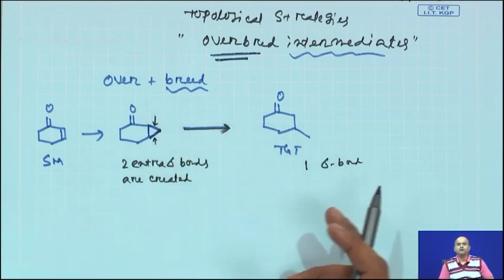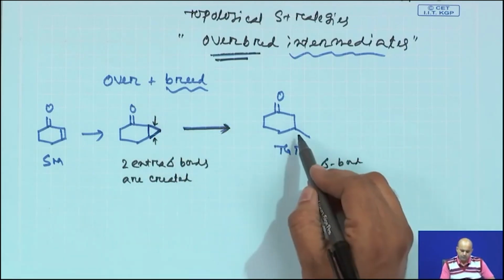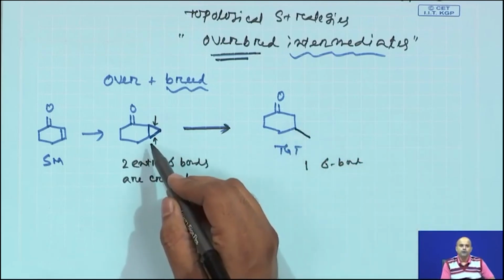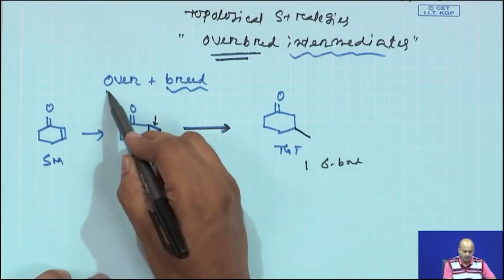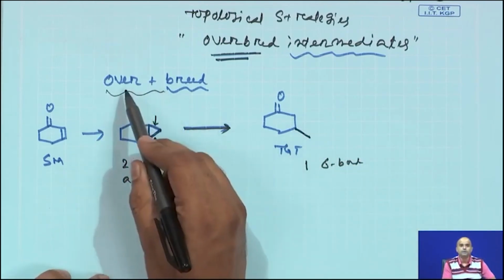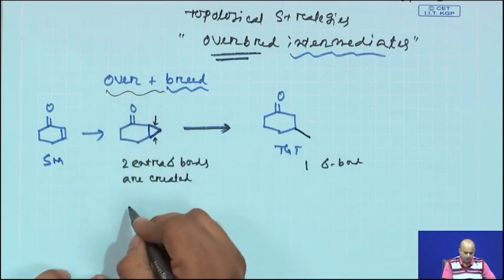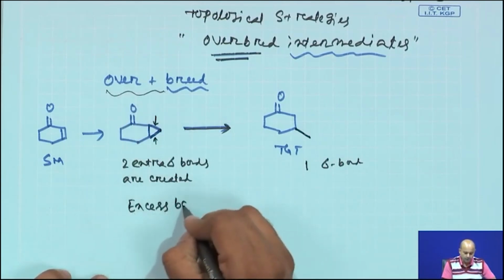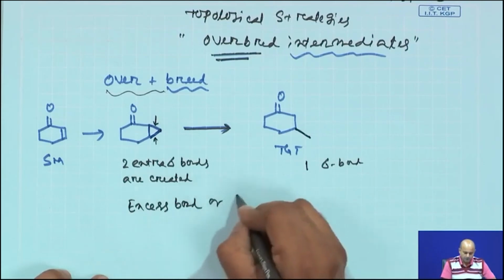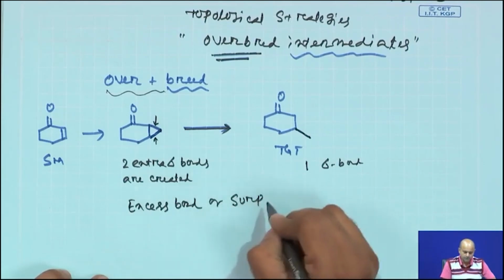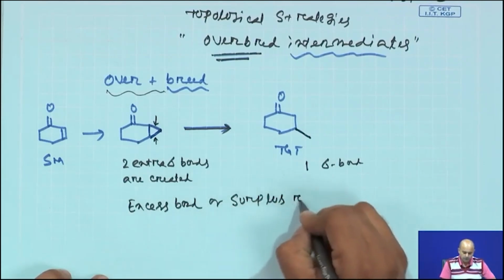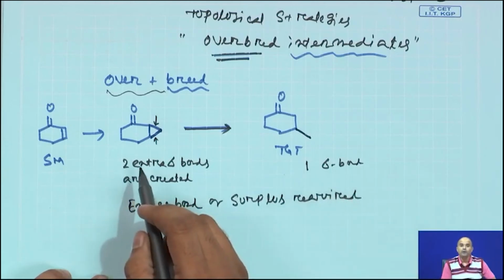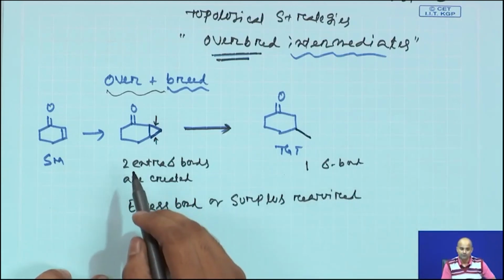You may ask, sir, if we require only one sigma bond, why are you creating two? This is the concept of overbred: you are creating an extra, excess or surplus bond which is not required for your target molecule by initial looking.